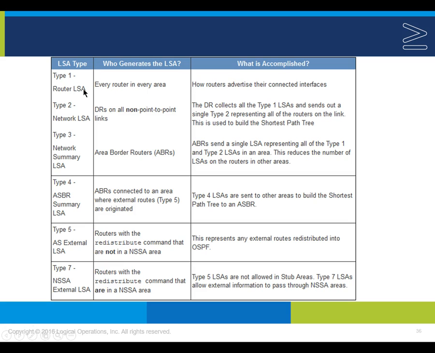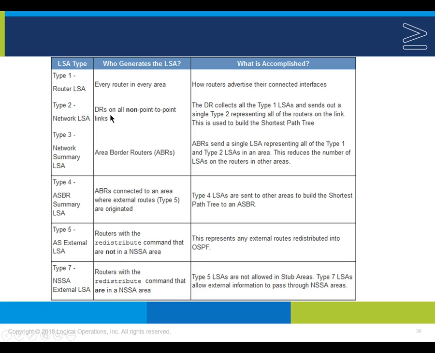Type 1, every router. Routers advertise their connected interfaces, and again, back to what we said earlier, initially what a router knows about is what's connected to it. It tells everybody else what's connected to it, that you can get to this network by going to me.